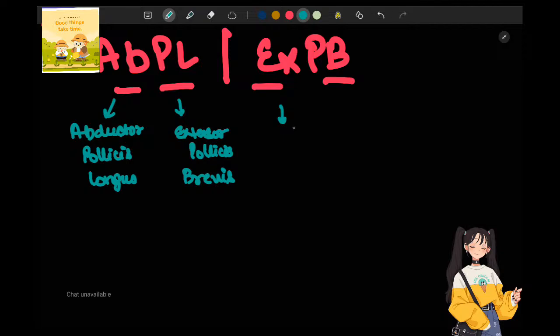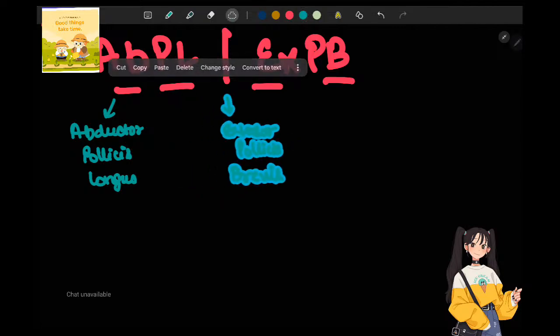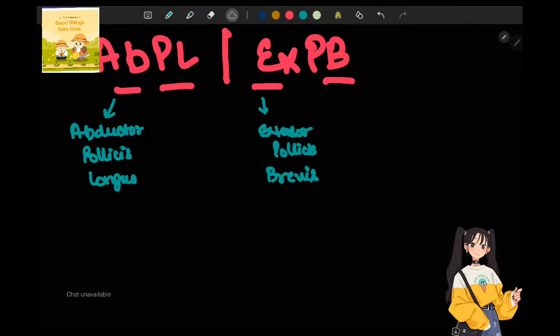Then we have extensor pollicis. No, okay, this one is extensor pollicis brevis. Okay.